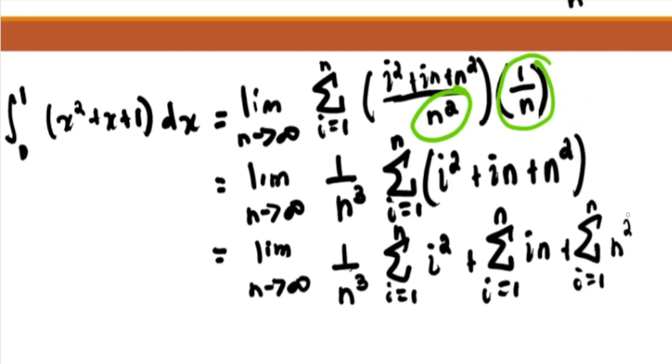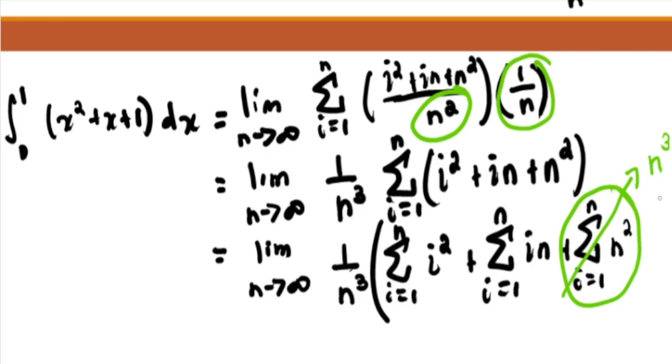Okay, if we consider this part here, we're taking the sum of n squared n times. So ito magiging n cube na lang. Oops, lagyan ko lang. Ganito. Okay?